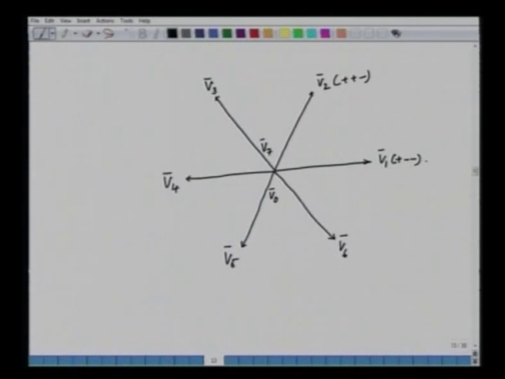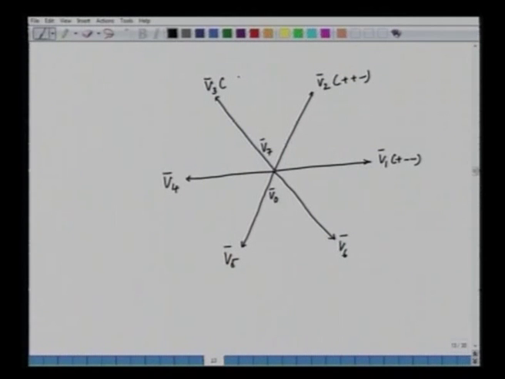Plus minus minus means phase A upper switch is on, and phase B and phase C lower switches are on. Similarly, the plus signifies the upper switch being on, and minus signifies the corresponding phase lower switch is on.